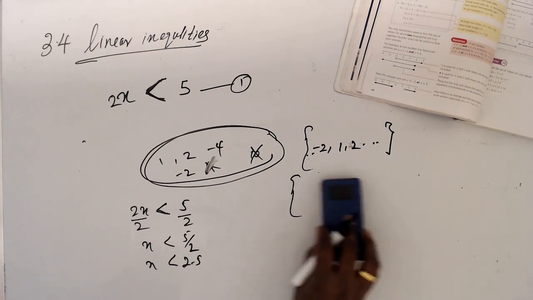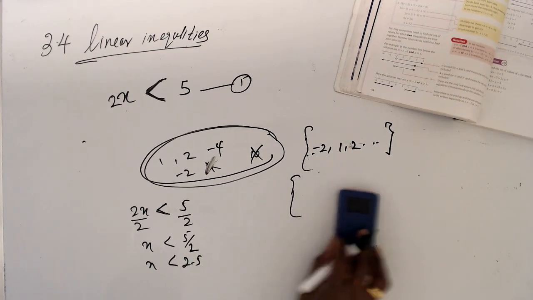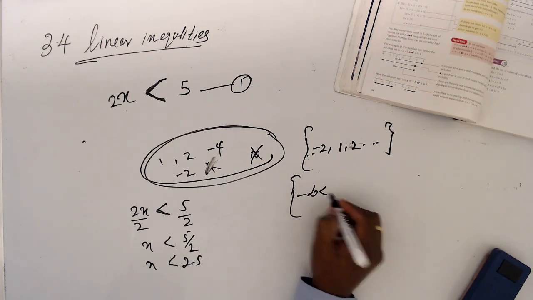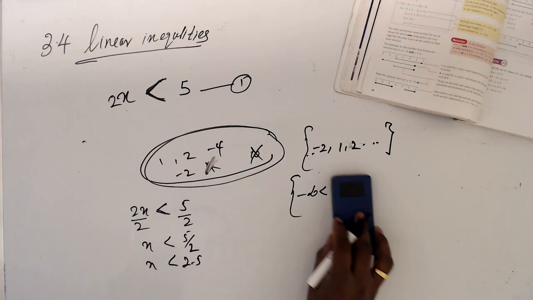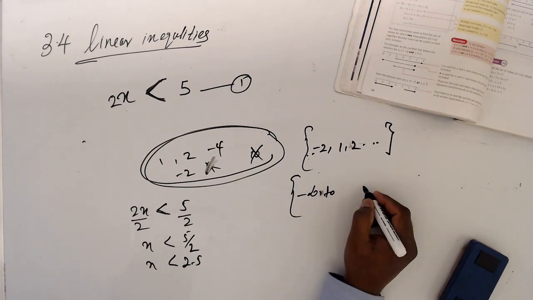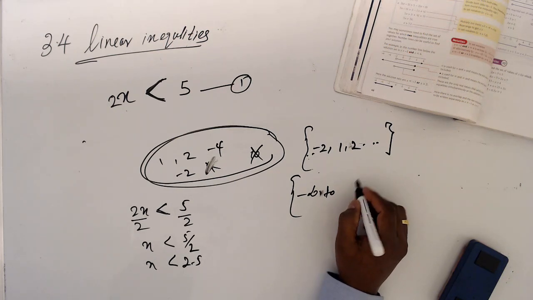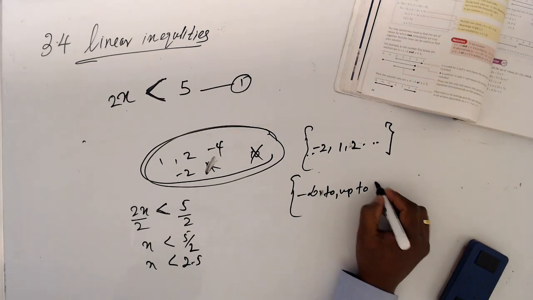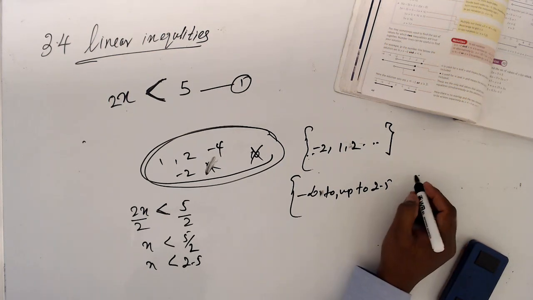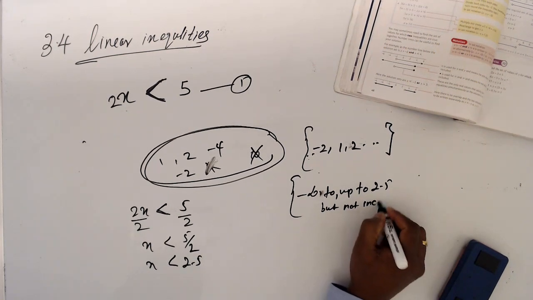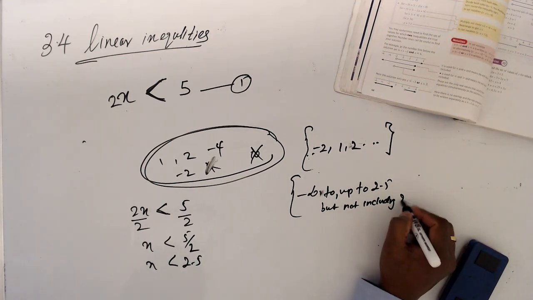So I have to write the answer as from minus infinity up to 2.5, but not including 2.5.